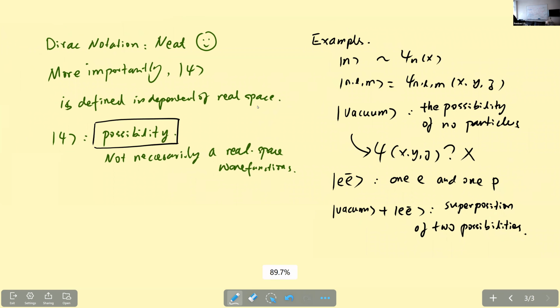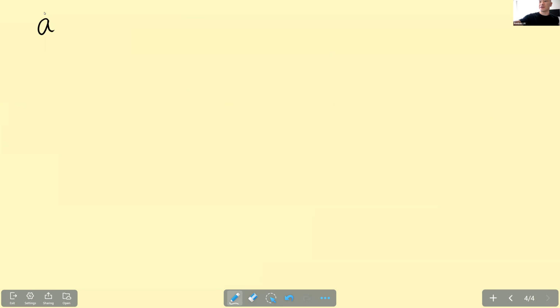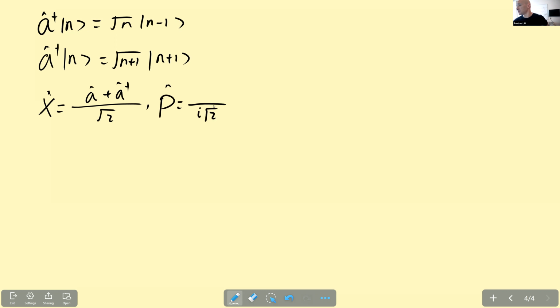So if we use the direct rotation, this will be a lot simpler, right? And also we know that the position operator is given by this, and the momentum operator is given by that.